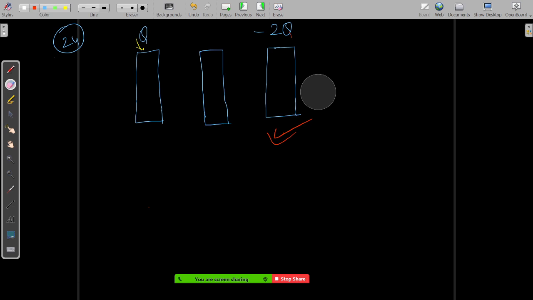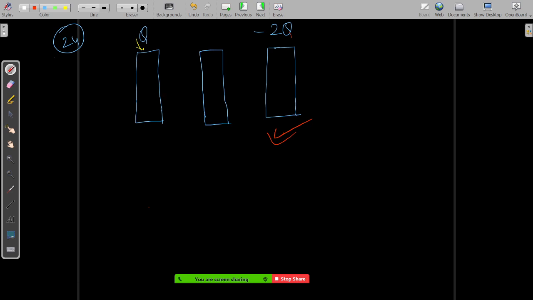First thing, whenever a conductor is kept somewhere and a charge is given, those charges are going to accumulate on the surface only. And there will be electric field equal to 0 inside the conductor.